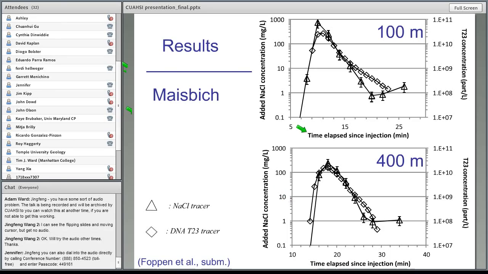So what you see is that when we compare, this is sodium chloride and this is DNA, and watch those error bars, because these are the confidence intervals that we defined earlier from our error analysis.